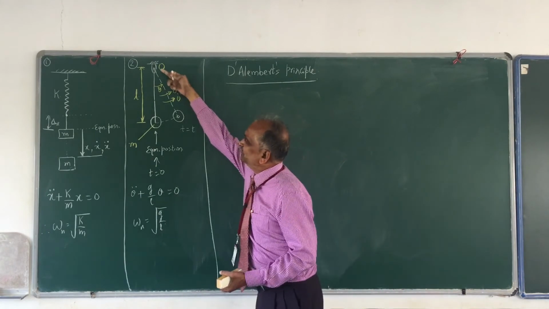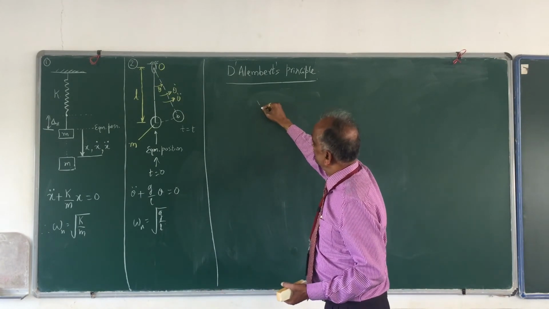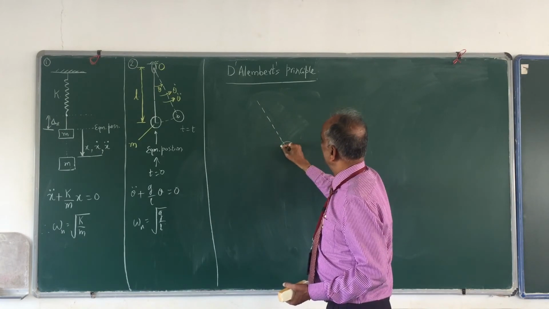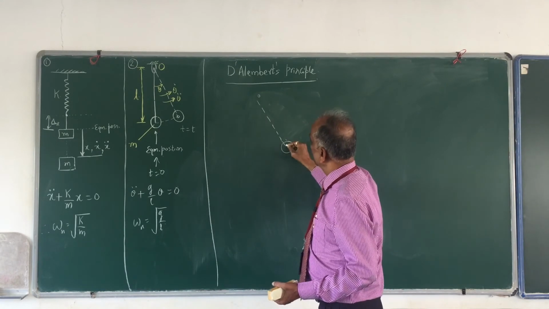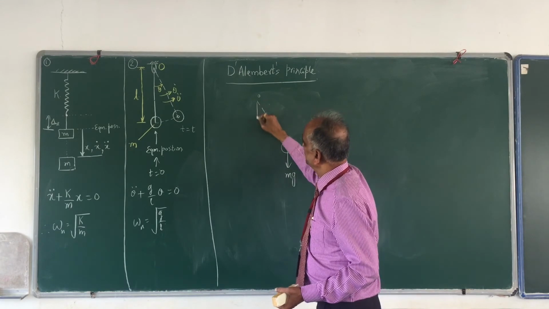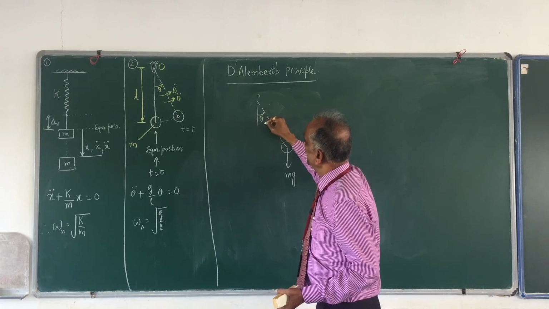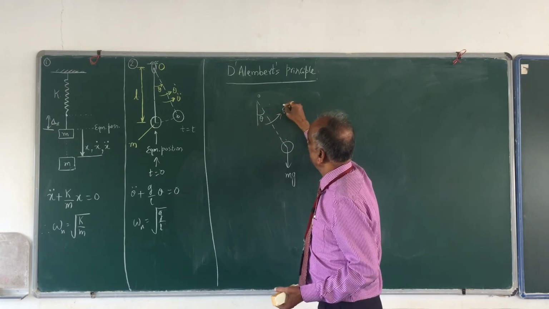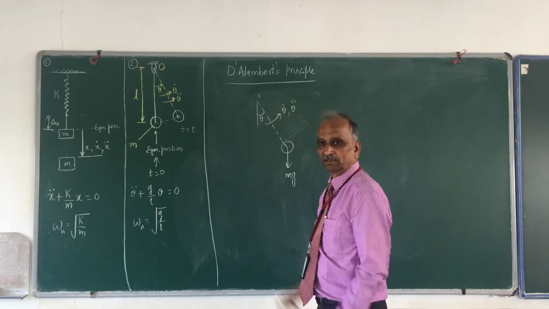For the simple pendulum, I go straight to this. This is my point O, this is the mass. I know that this is mg, this displacement is theta, and this is theta dot and theta double dot.